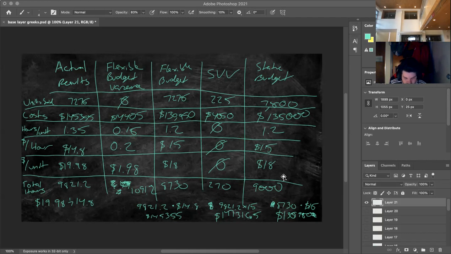So the input variance is. I think I typed it in wrong when I calculated it. Let me do it again. Okay. 1,964.22. And what is the efficiency variance?